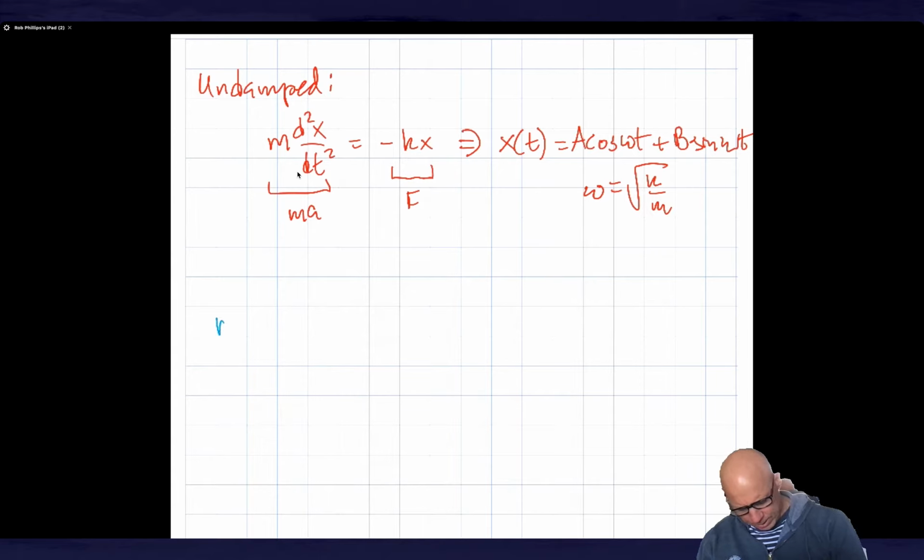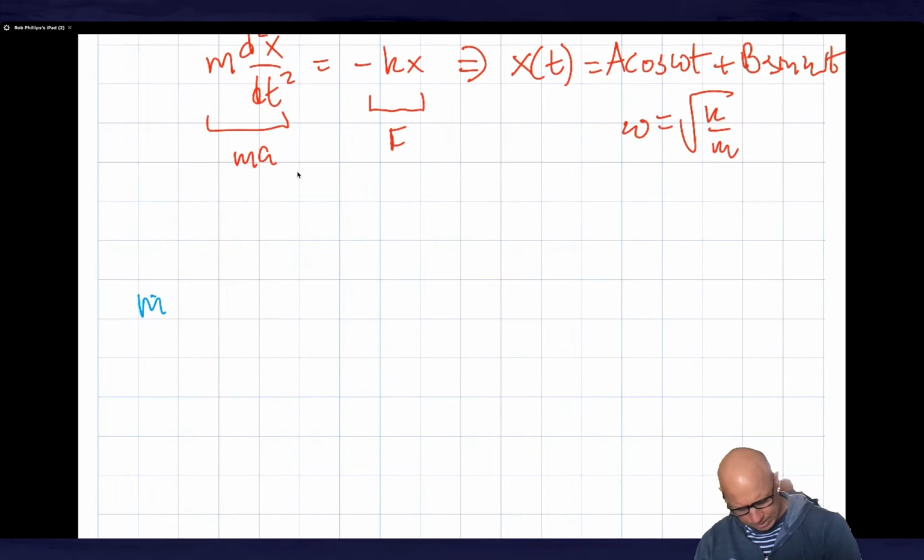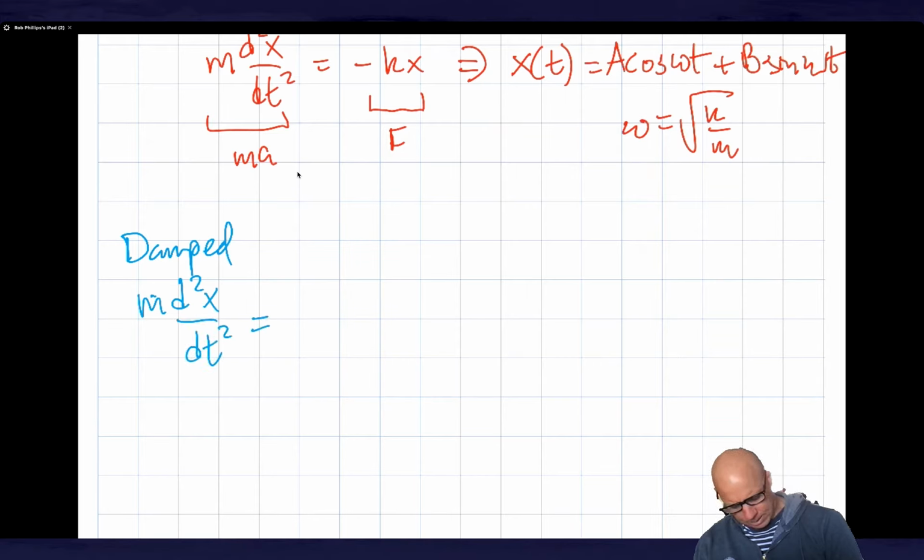And so in the damped case, I will have MA equal to minus KX, but then also minus gamma dx/dt.